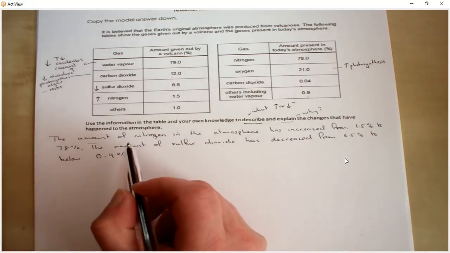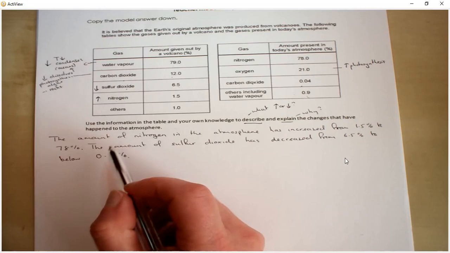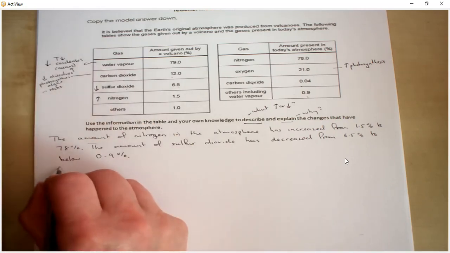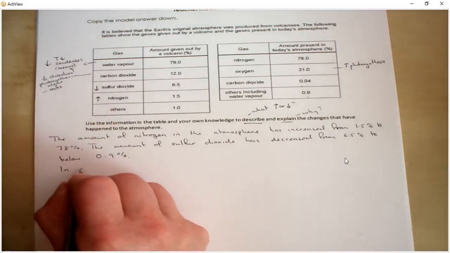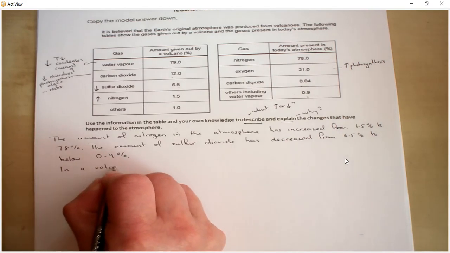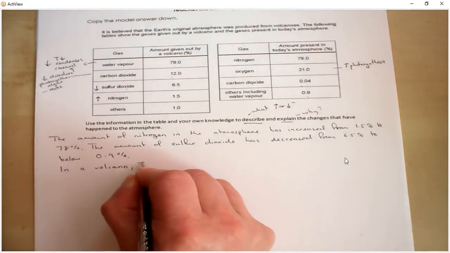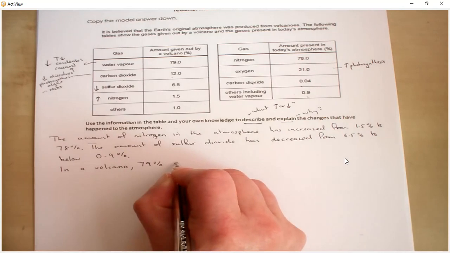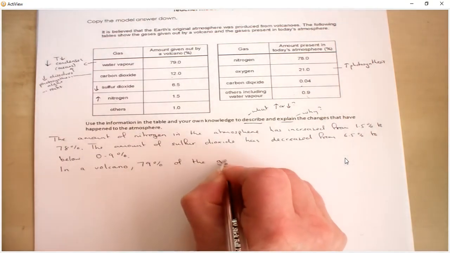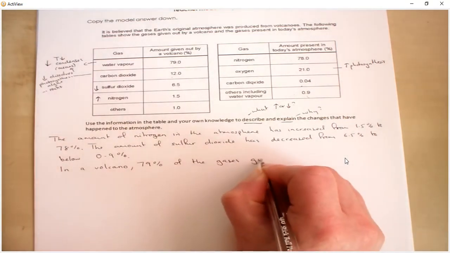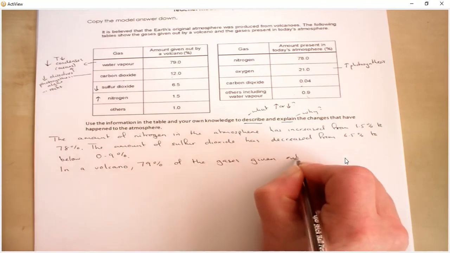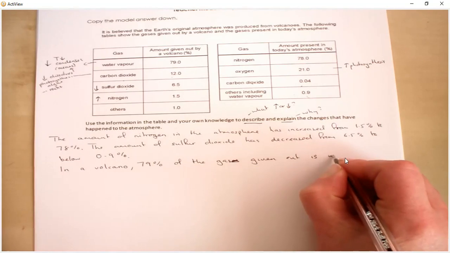Right, so on to the rest that we need to describe and explain. So let's start with the water vapor. So in a volcano, 79% of the gas given out is water vapor.